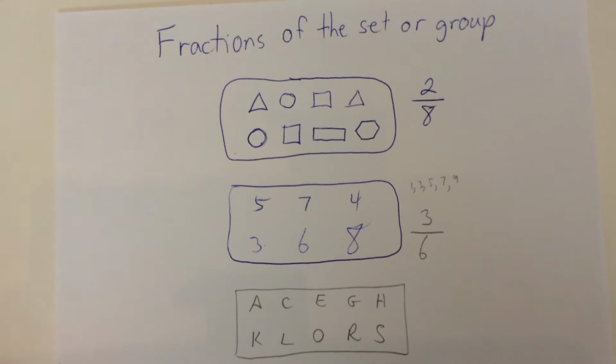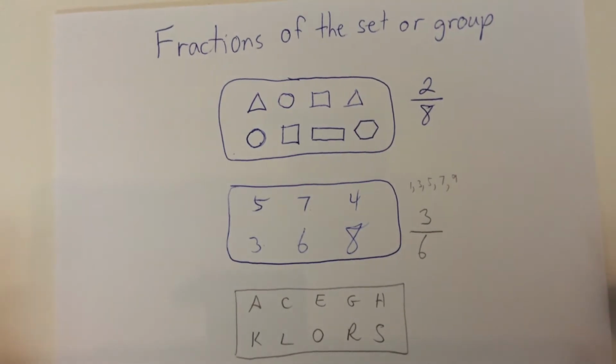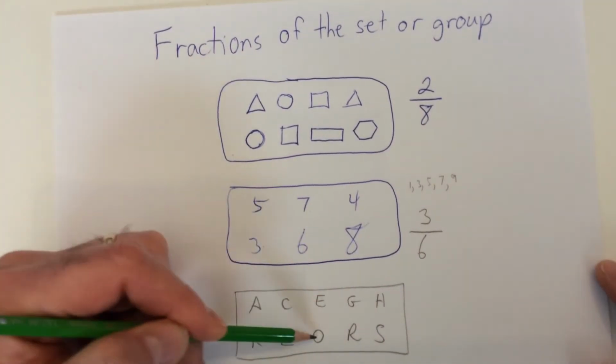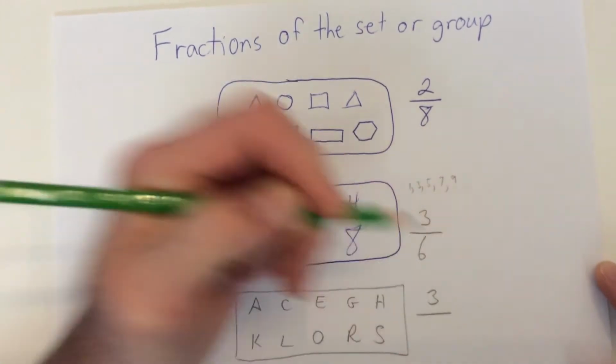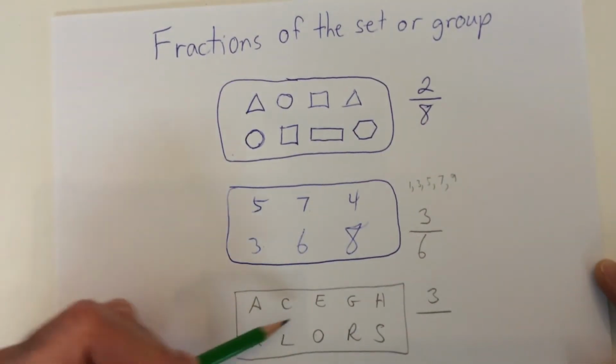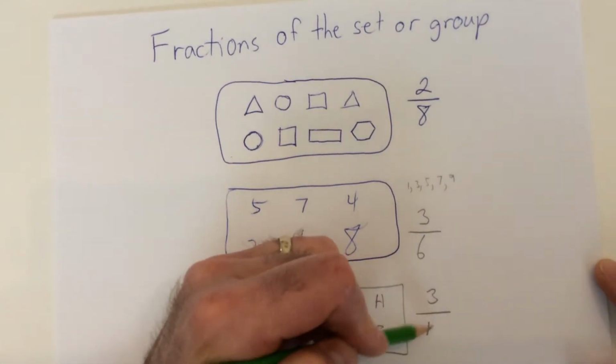So I could do something like vowels. What's the fraction of vowels I have in this group or this set? So remember, vowels are A, E, I, O, U, and sometimes Y. So in this case, I've got A, E, O. I've got 3 vowels out of how many letters? 2, 4, 6, 8, 10.